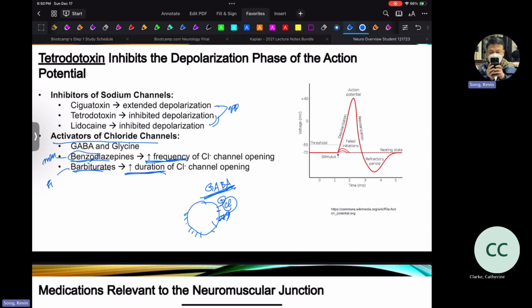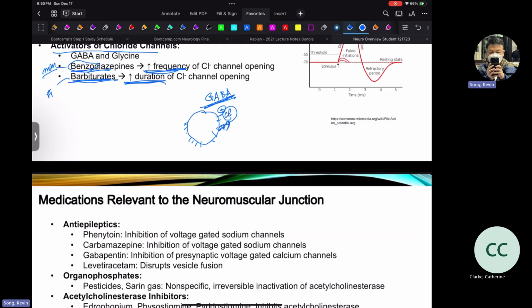But females don't care about the number of times. They care about the quality. Oh yeah, I had the best sex in the world last night. So duration is a big thing, right? That's how you remember. Female, barbiturate, duration. Benzo, man, frequency. That's how you remember it.